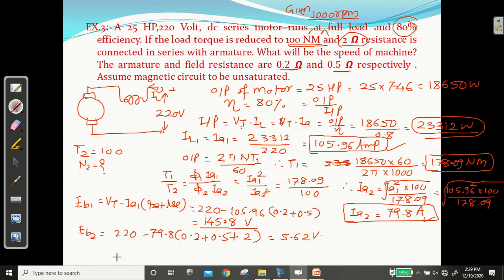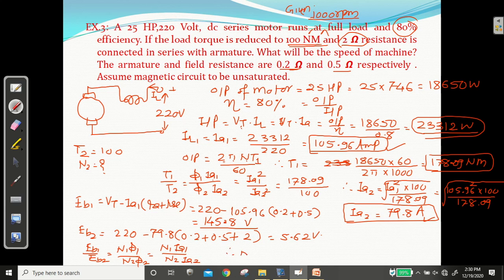Clear now? Now we will use the formula EB1 upon EB2 equal to N1 phi1 upon N2 phi2, equal to N1 IA1 upon N2 IA2. So you can calculate N2.